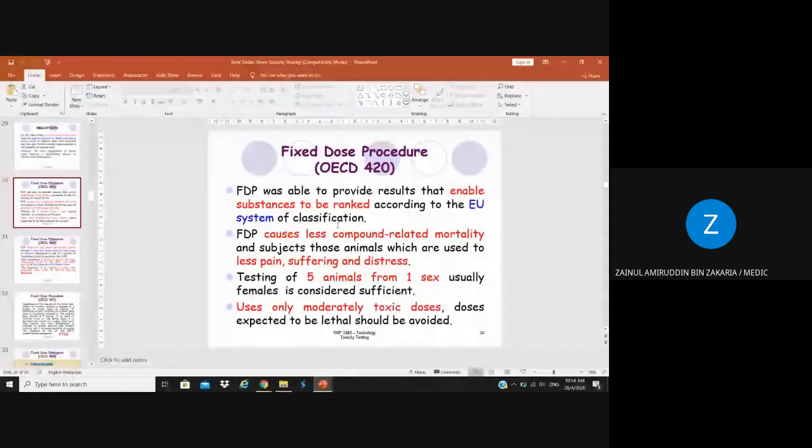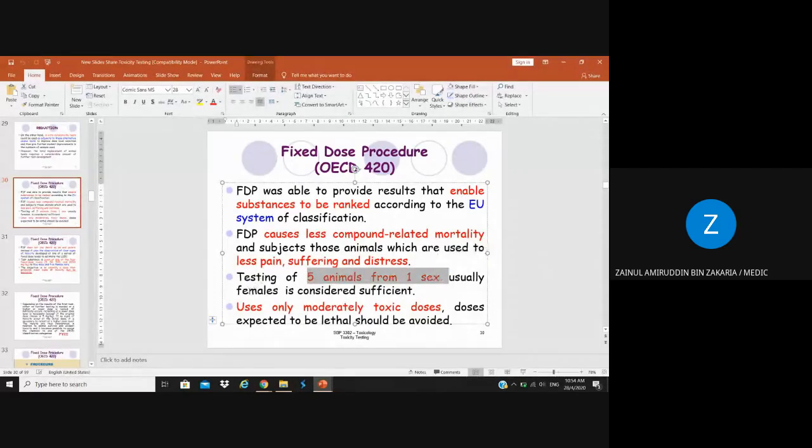Okay, so for 420, you need to use 5 animals of one sex, usually females. And then it uses only moderately toxic doses.